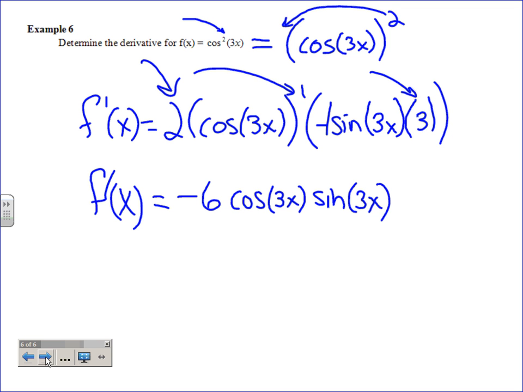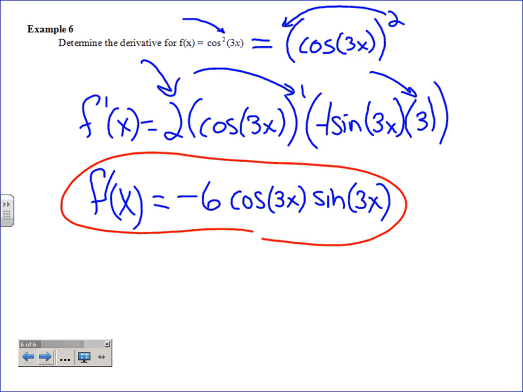Yep, that's it. Yes. Because it's all multiplication. In a way, yeah, it's combining like terms.